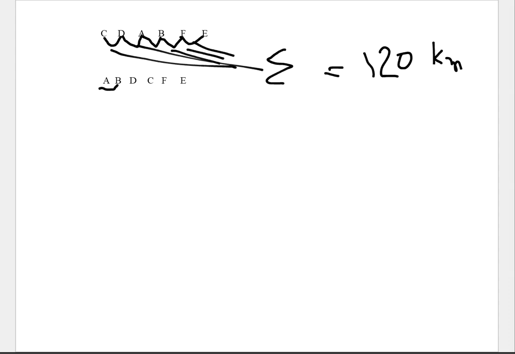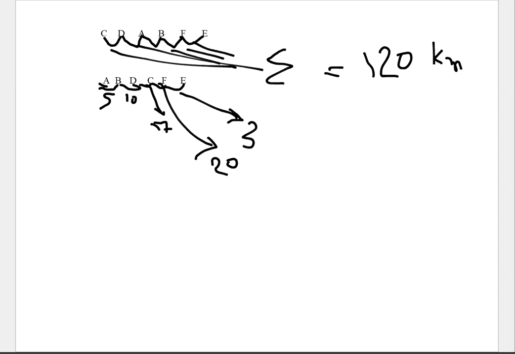Another distance is start from A, then go to B, then go to D, then go to C, then go to F, then go to E. For example, it is 5, it is 10, it is 11, it is 20, and it is 35. So what is the summation of this value?